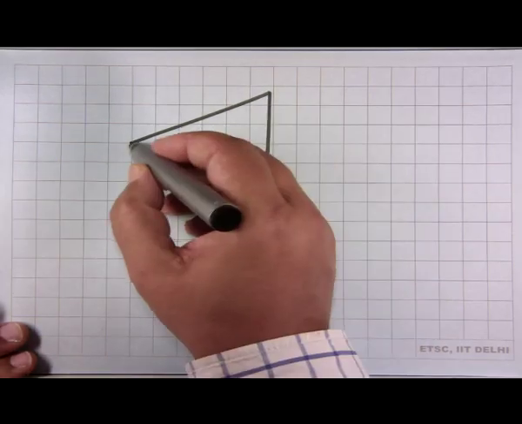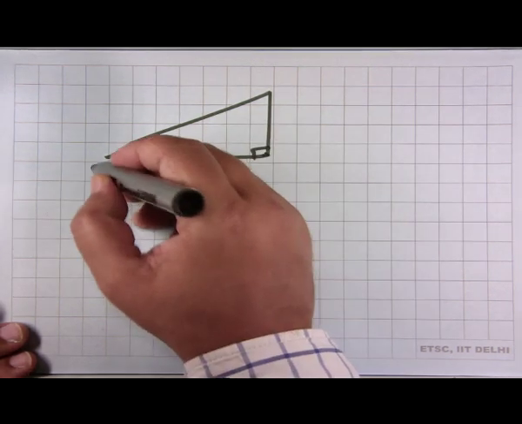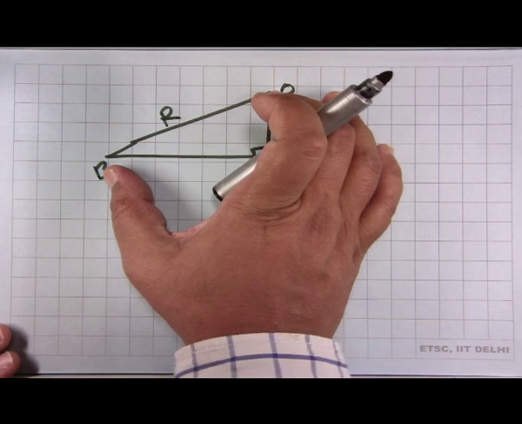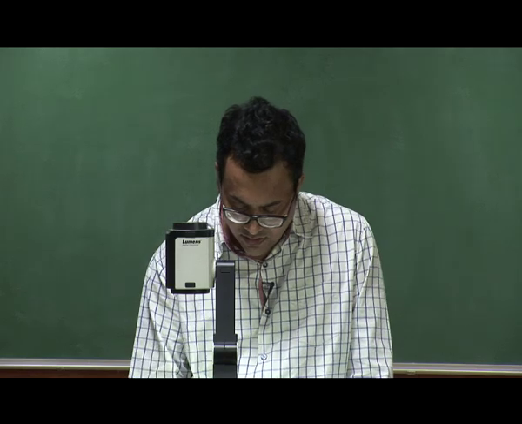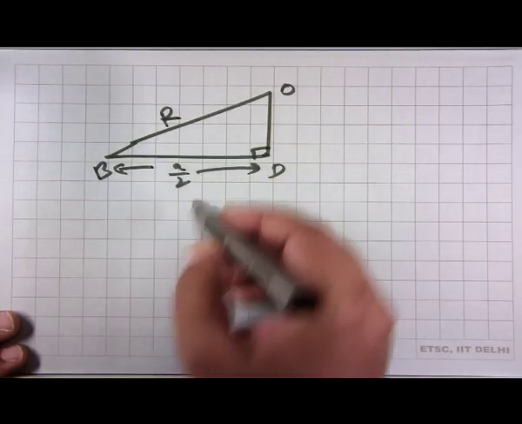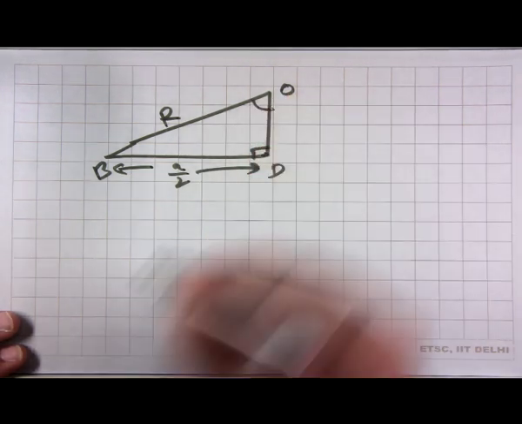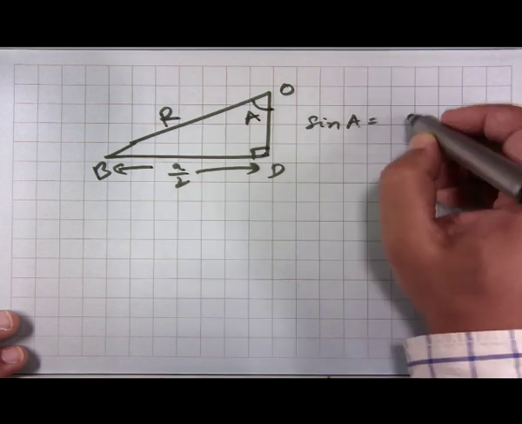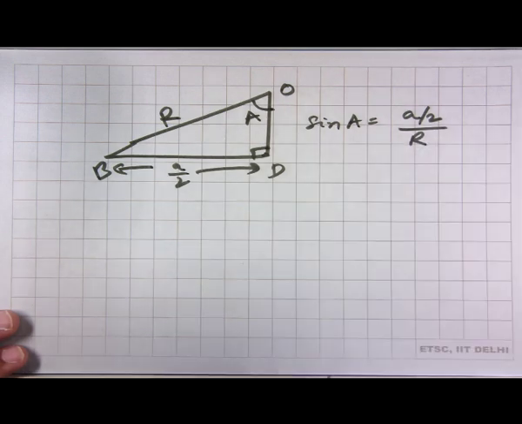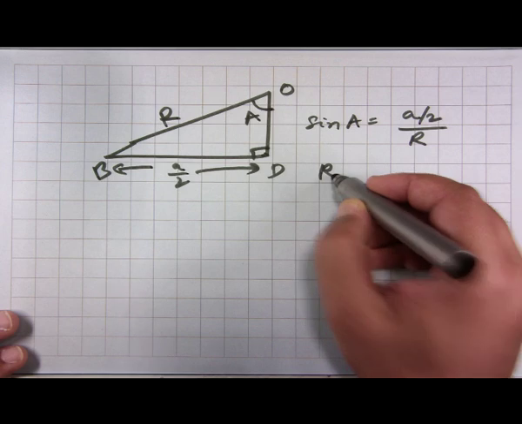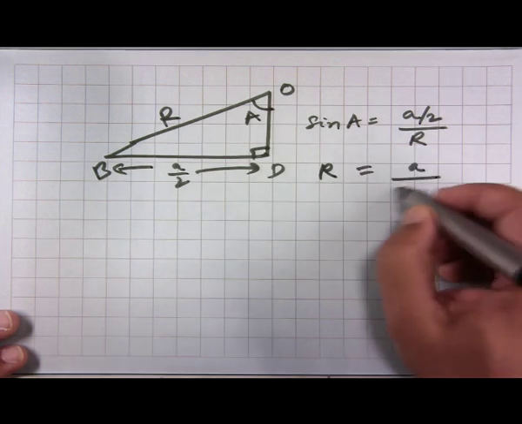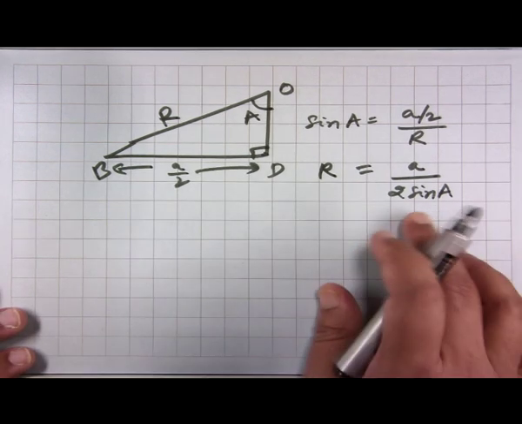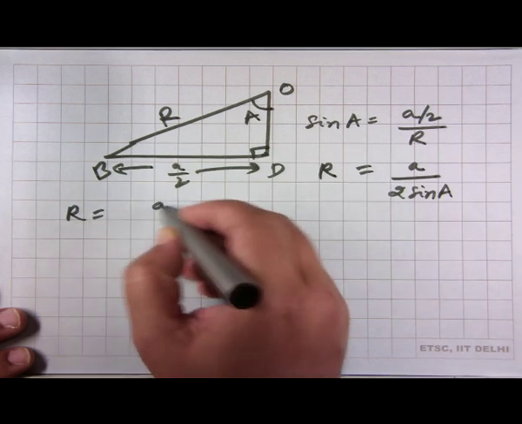The hypotenuse is basically the circumradius, and this length is a by 2, and we know that this particular angle is equal to A, and therefore it follows that sine of A is equal to a by 2 upon R, and hence R is equal to a upon 2 sine A.